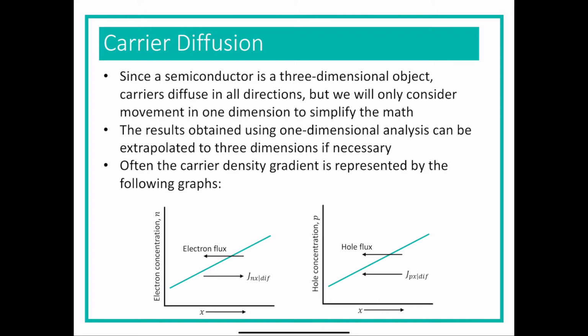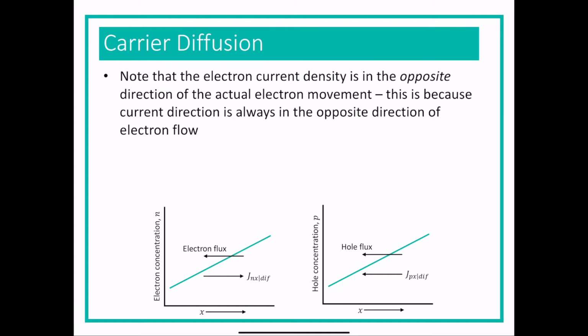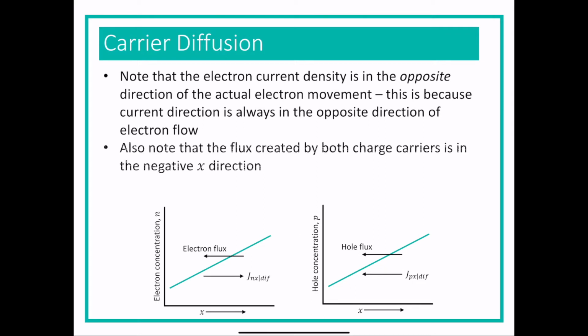So we also notice that the current direction is opposite from the actual movement. That's because electron flow is opposite to conventional current, so that's kind of weird. Both of them create flux in the opposite direction of the gradient, which, again, is a theoretical thing, not a thing that you need to worry over much about. We'll go through how we would figure out this kind of problem.